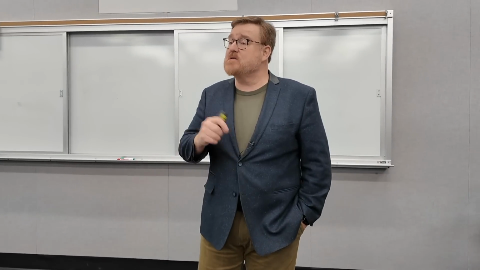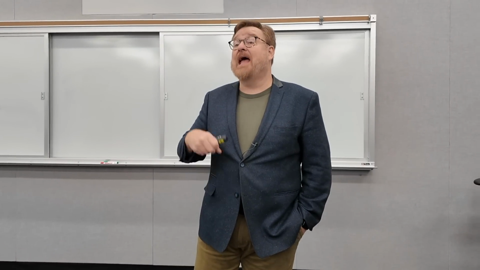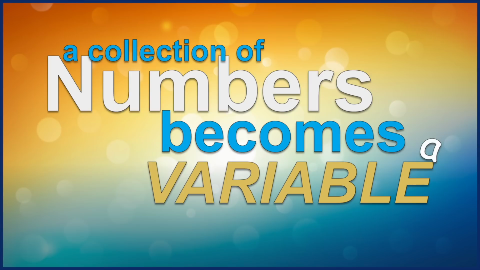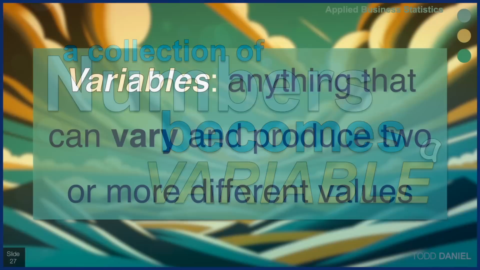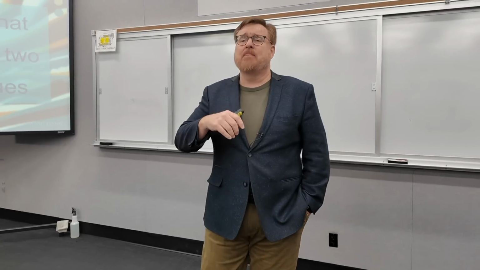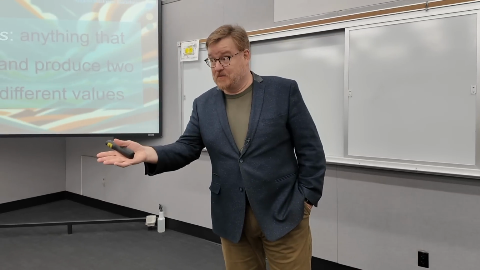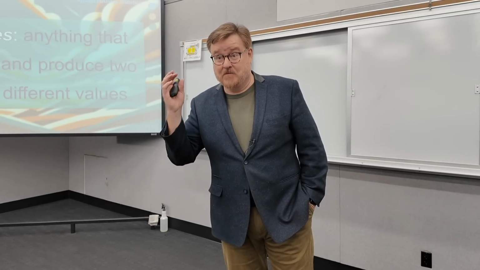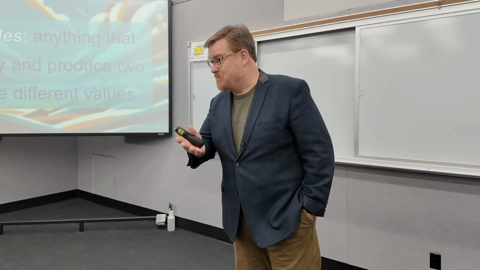They are quantitative variables. They quantify, they give us an amount. And then the categorical variables will be nominal and ordinal. If I ask everybody, how tall are you? I have a variable, anything that can vary or produce 2 or more different values. If I say, is your height a variable? What do you think? Well, not for you, no, because you're this tall, right?